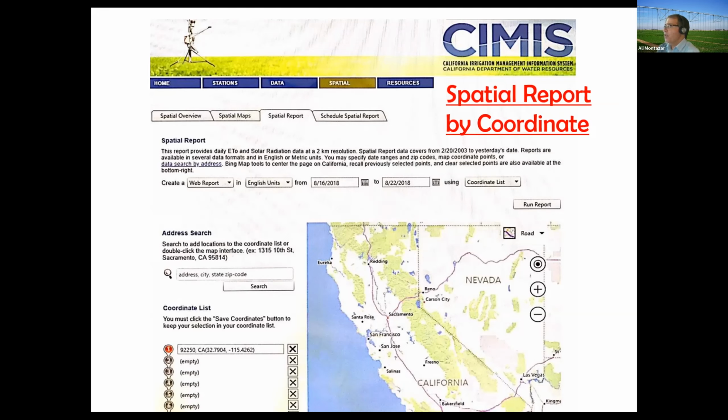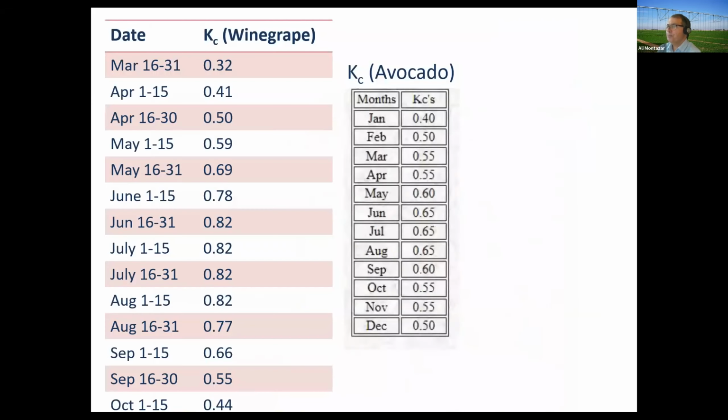And then you add the coordinates of your field, as many as you have, it doesn't matter. Every day at 6 a.m., the Department of Water Resources sends an email to you with the ETo information for the fields you provided coordinates for, for 7 days. Which means you don't even need to go to the CIMIS website anymore or download or track anything. The data is mailed to you every morning.